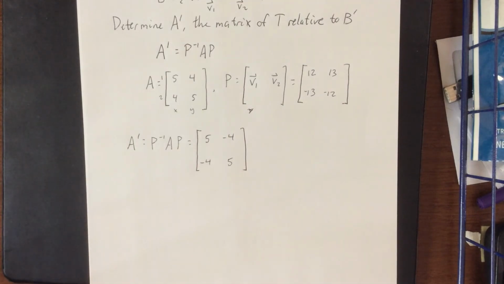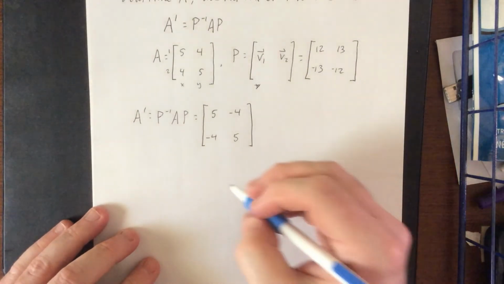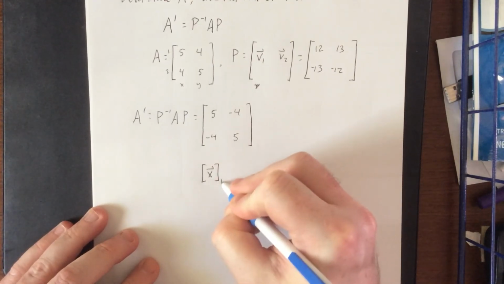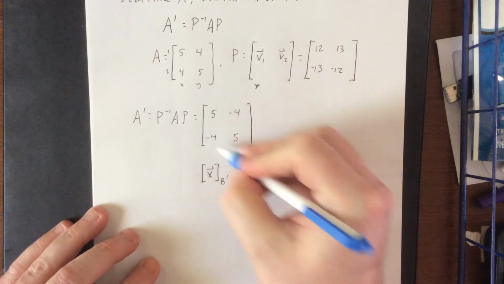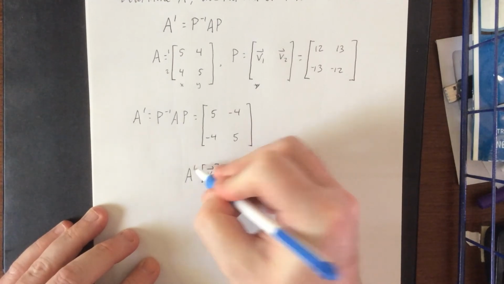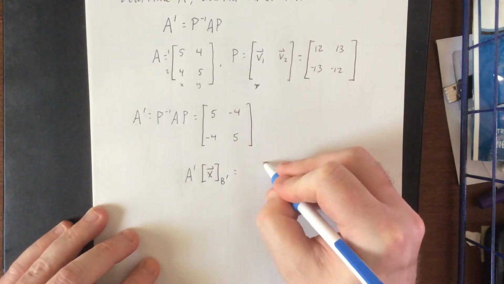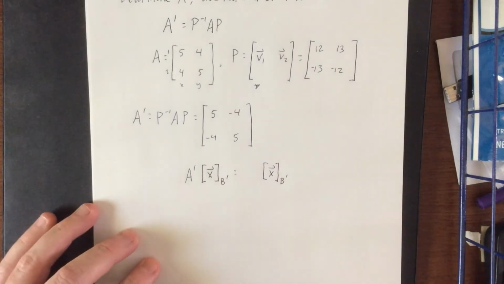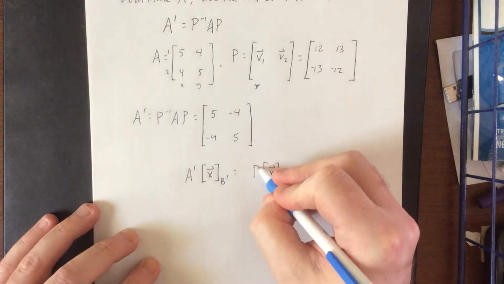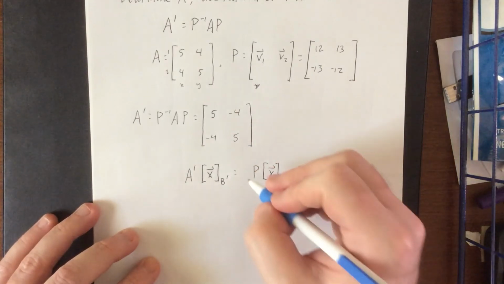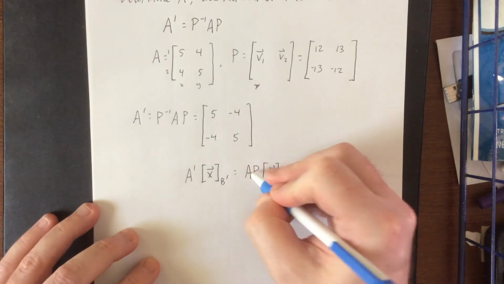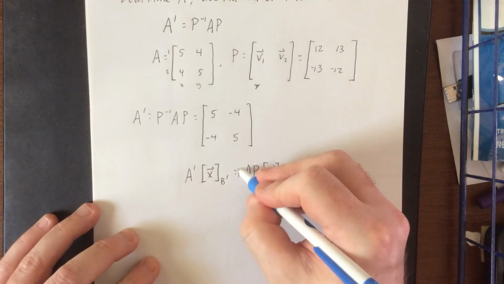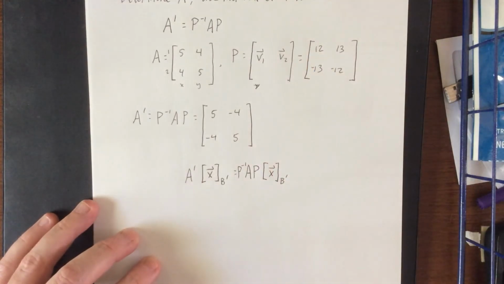So again, the significance of this matrix is it says starting with a matrix X relative to basis B prime, if we multiply by matrix A prime, then what this matrix does is it's going to transition X back to the standard basis, find the image of this standard basis vector through the transformation T, and then convert it back into a non-standard basis.